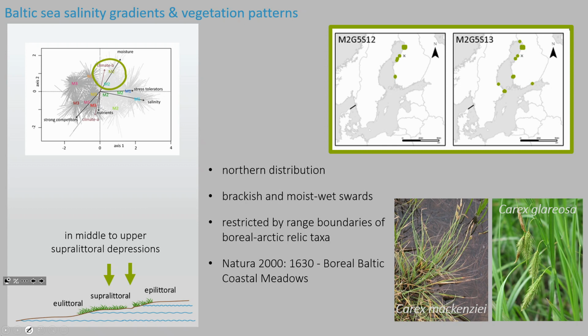So this type is characterized by species that are of boreal Arctic origin, and we know for sure this type belongs to the Boreal Baltic coastal meadow Natura 2000 type. And they occur, if you look at the littoral zone, somewhere higher up.